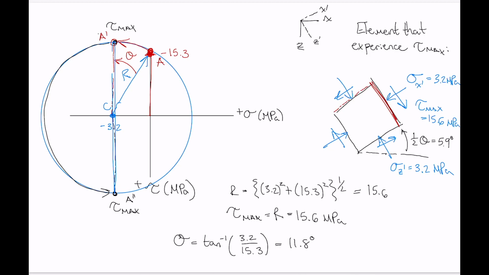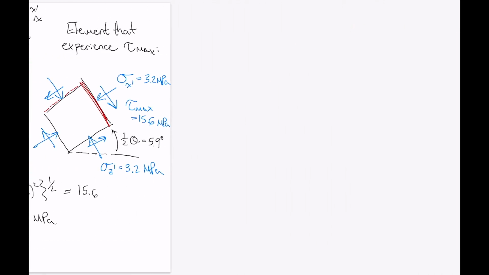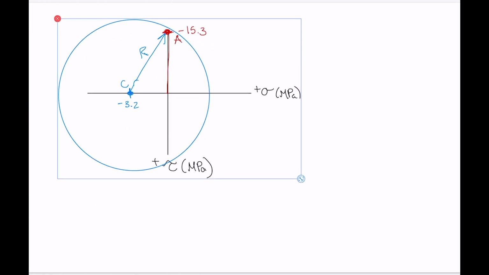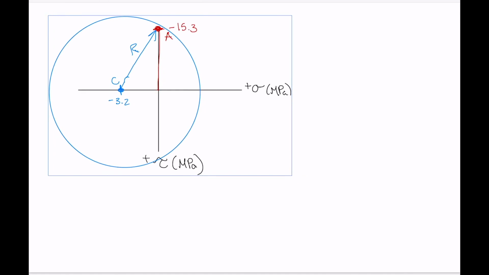Okay, so let's draw the element that experiences principal stresses now. So that's the second part that we were asked. So let's just flip to a new page here, and we'll just paste back on our Mohr's circle that's not too marked up here. And principal stresses, again, are the stresses that exist when shear stress is 0.